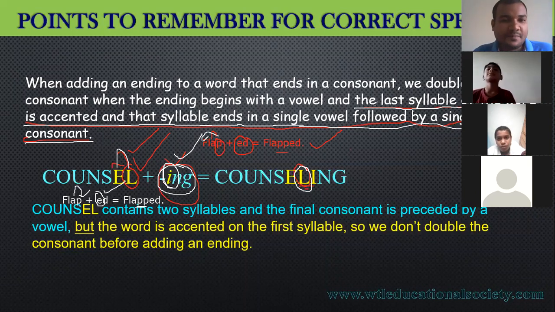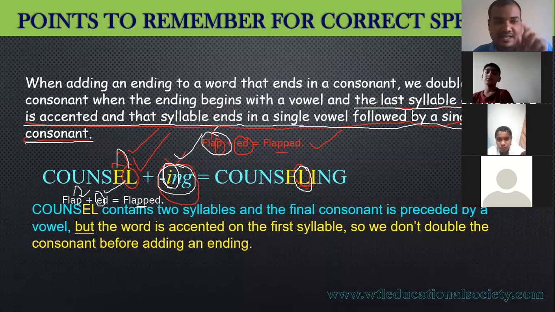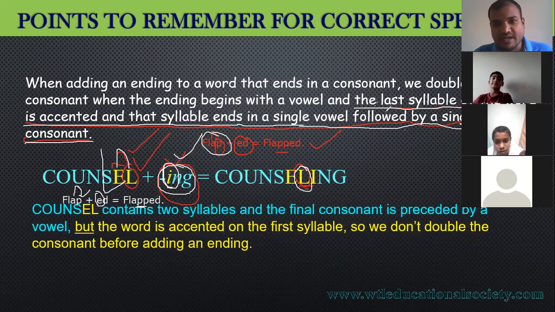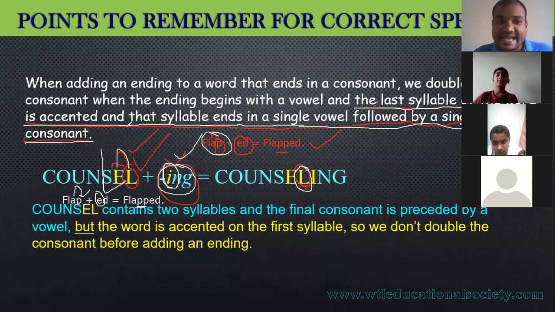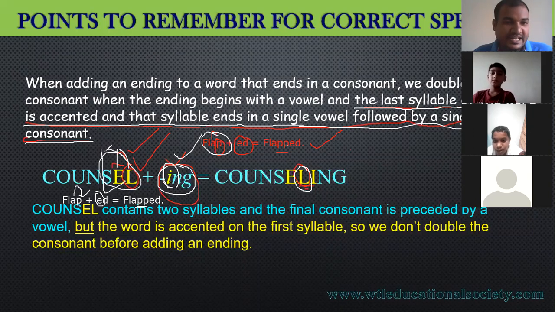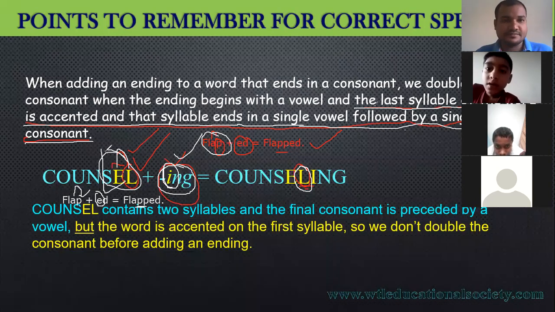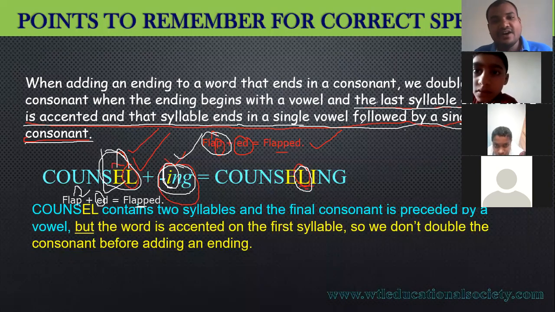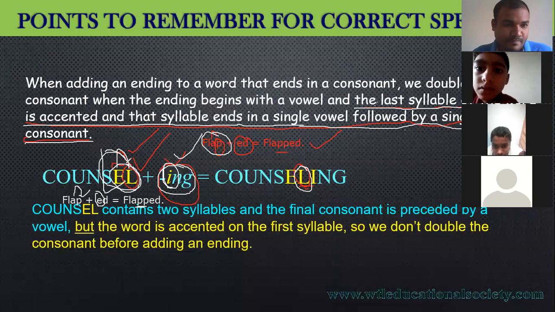Flap is a single-syllable word, but counsel is a disyllabic word. The last syllable of the word is accented, meaning we are raising the tone there. And that syllable ends in a vowel followed by a single consonant.